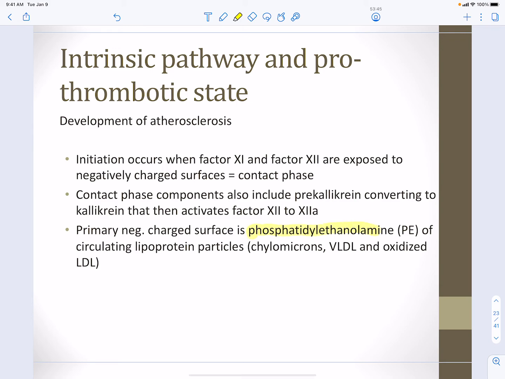So phosphatidylethanolamine is going to be part of your chylomicrons, very low density lipoproteins, etc. And so negative charges will initiate the contact phase, regardless if it's on collagen or if it's on a lipoprotein particle. And that's going to be when factors 11 and 12 are exposed to any of those negative charges. And then this contact phase is going to initiate the intrinsic pathway.